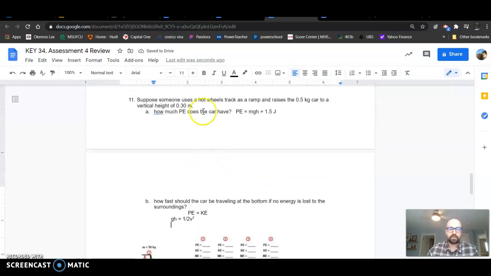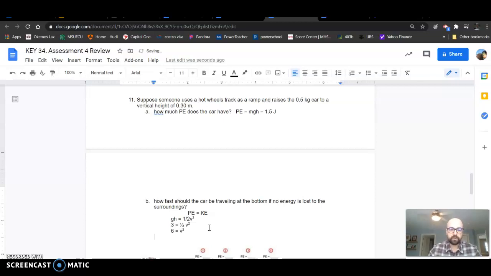So it's at a height of 0.3 times 10. So we'll say 3 equals 1/2 v squared. And so to get rid of that half, I'd multiply both sides by 2, or you divide both sides by half. So 6 equals v squared.